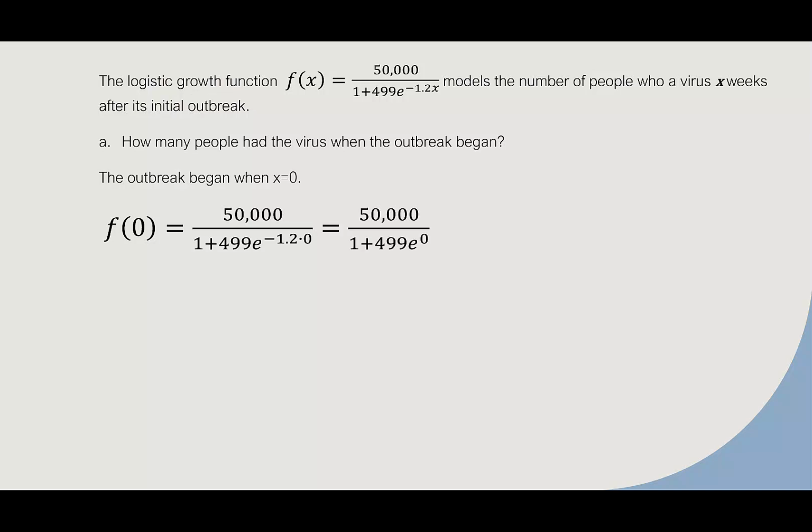Because anything times 0 is 0, we have 50,000 over 1 plus 499 e to the 0. E to the 0 is 1, which gives us the denominator of 1 plus 499, which is just 500. Now we can reduce 50,000 over 500 to 100. So when the virus began, and when we noticed that we had an outbreak, 100 people were already sick.